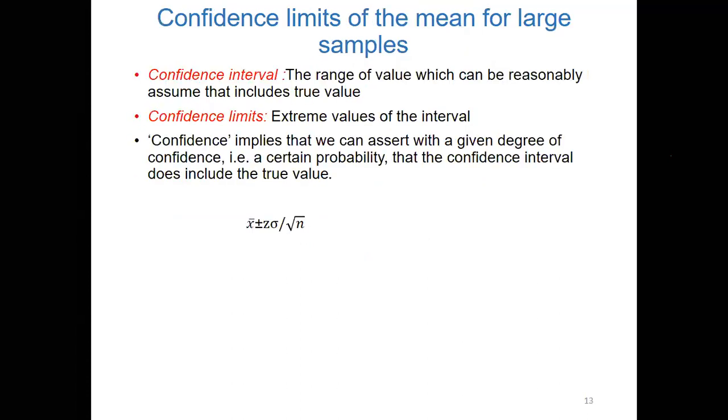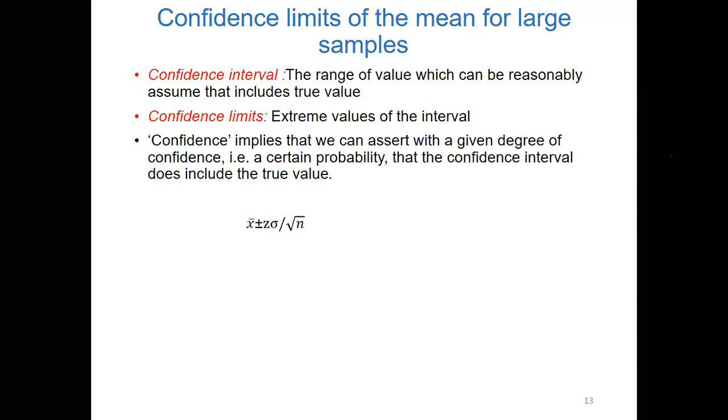Okay, now let's talk about the confidence limits of the mean for large samples. So what is known as a confidence limit? Confidence interval is the range of values which can be reasonably assumed to include the true value. So within that confidence interval, the true value is present, right?